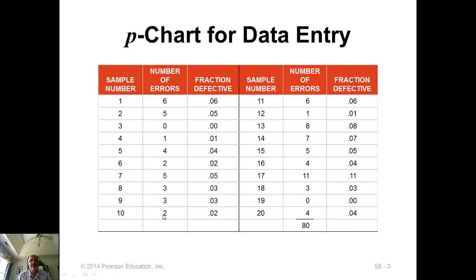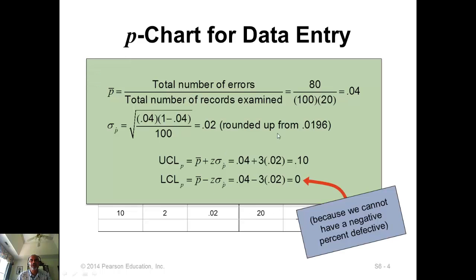There were 100 records in each sample, so 20 times 100 in the denominator will give you P bar as well. So 80 divided by 100 times 20 samples gives you 0.04. Plug that into the sigma sub P hat formula, and you get the sigma value. Now use Z equal to 3, then you get the limits.